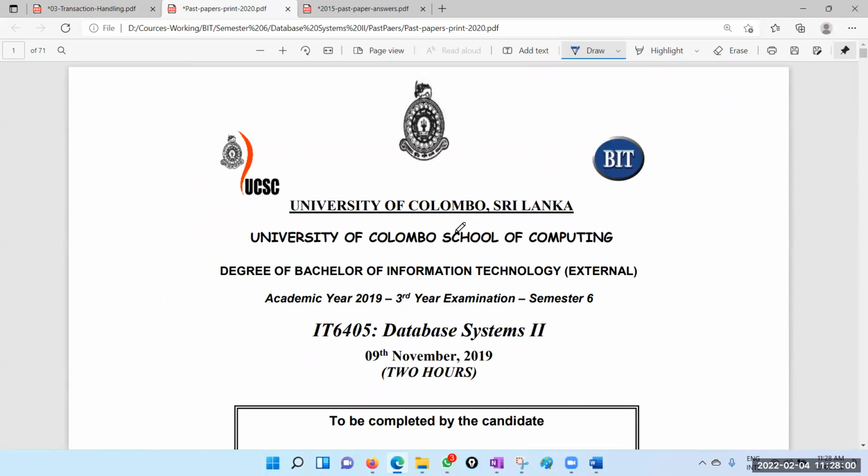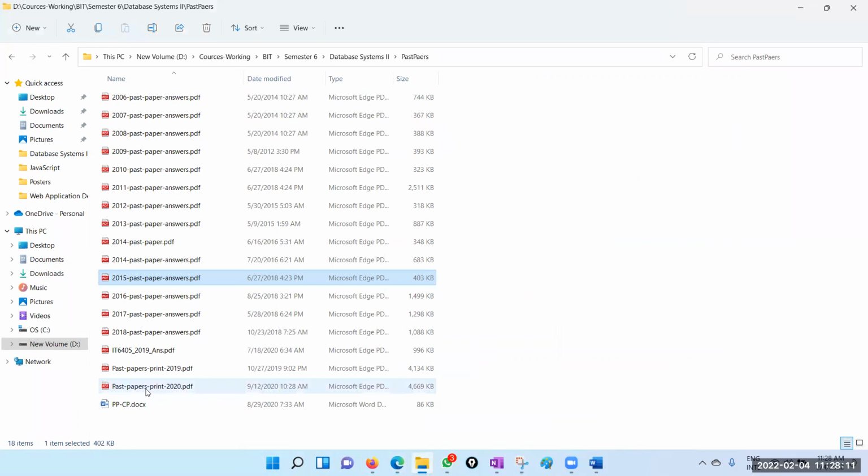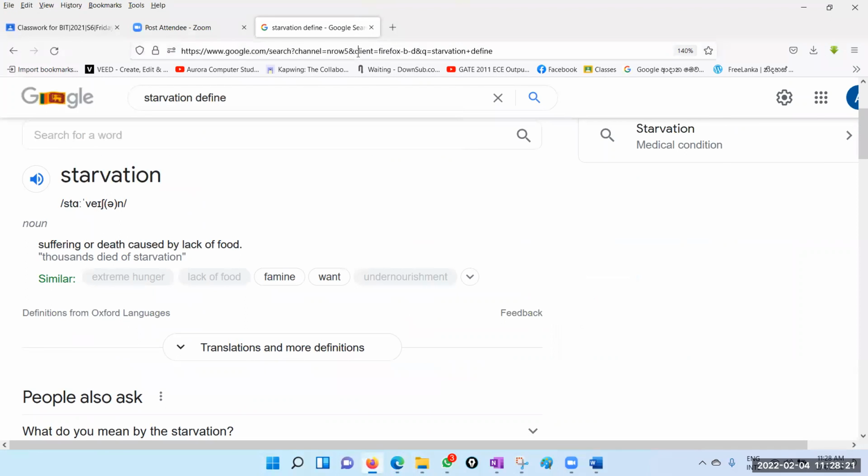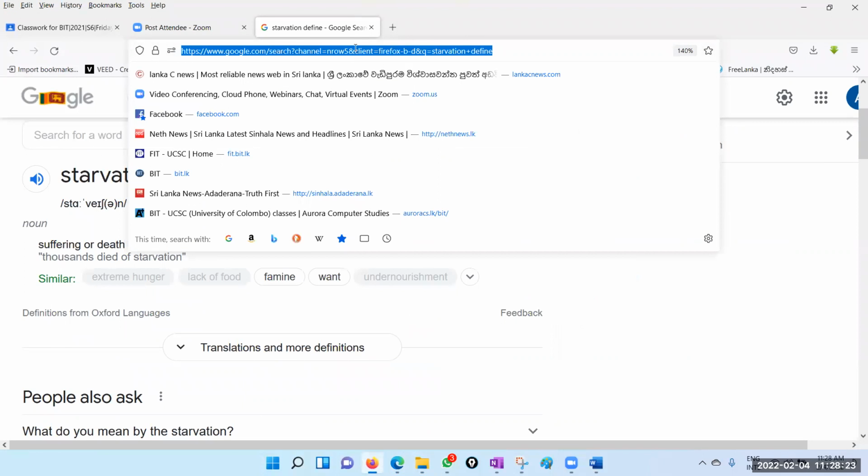Then the topic will be over, right? Otherwise, we are just keeping here and there, right? So let's see whether we have the 2020 past paper. Let me check whether we have the 2020 past paper in the VLD.